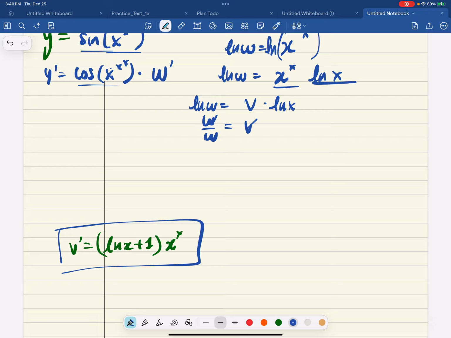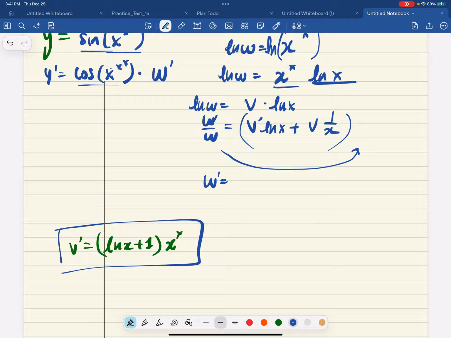V prime, we know that it becomes a v prime times the original function, so ln of x, plus whatever v was originally times the derivative of ln of x. The derivative of ln of x is 1 over x. All of that into parentheses with the omega or the w coming over here.